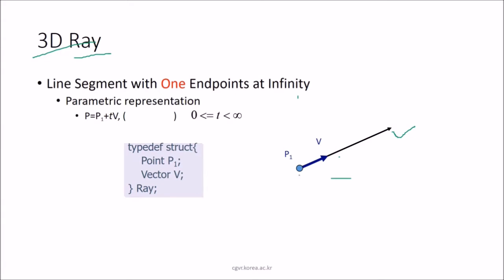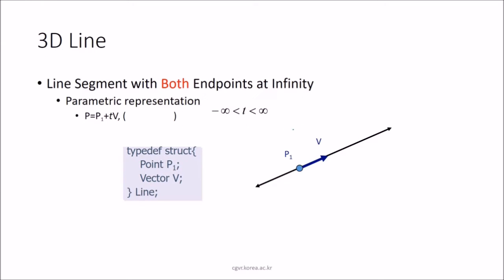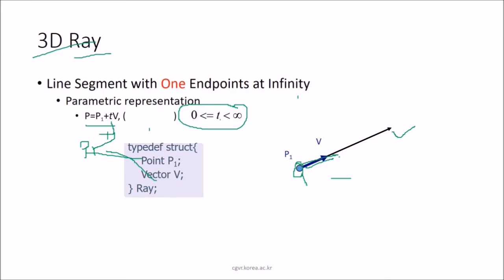The other point will be P1, as we just saw in the earlier section, and this is the vector V. So this is the starting point P1 and this is vector V. The parametric representation will be given by P is equal to P1 plus T V, where T lies between 0 and infinity. In the previous case, the line, both the endpoints are at infinity, so T lies between minus infinity and infinity, whereas in the 3D ray, one point is a fixed point and the other goes up to infinity. This is the 3D ray. So there is a difference between ray and line.